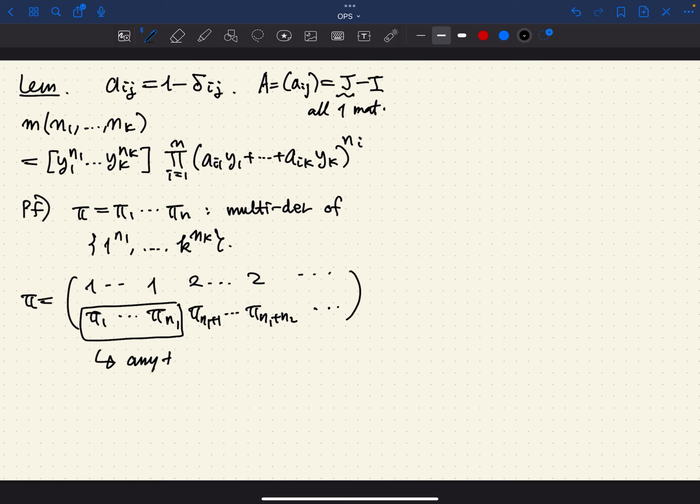Anything but 1. You can put any number here but 1. You can put 1, 2, 3, etc., but you can never put 1 there.